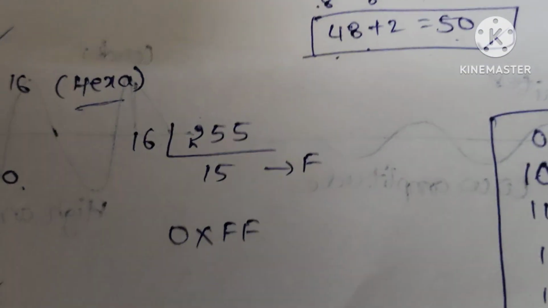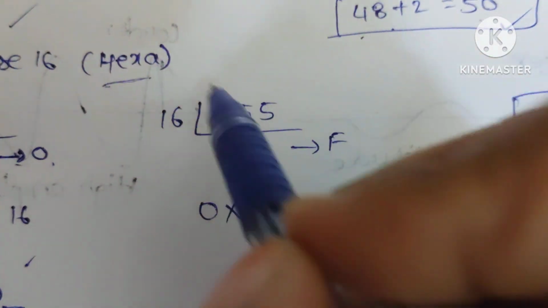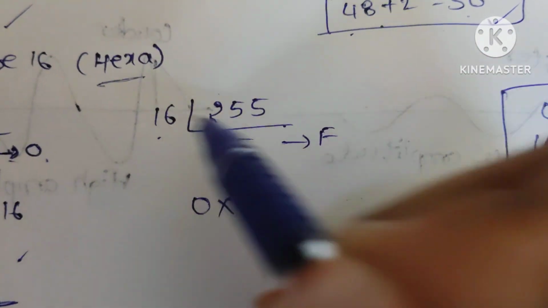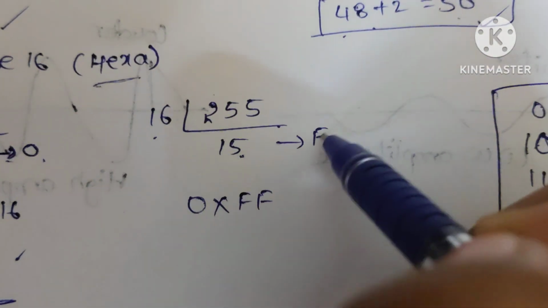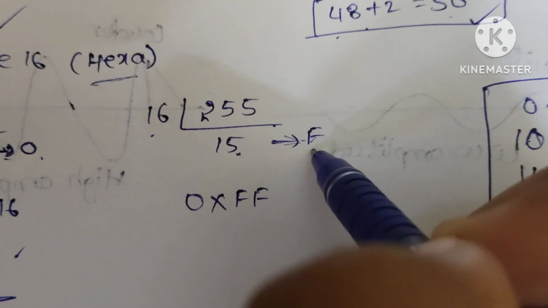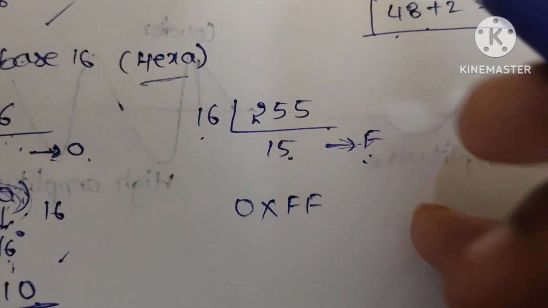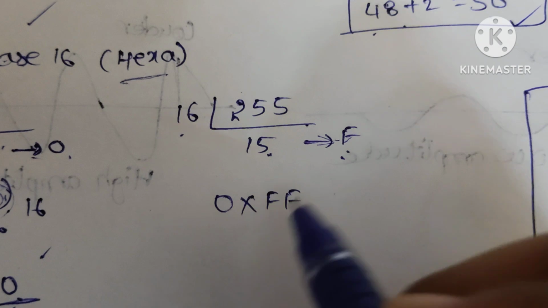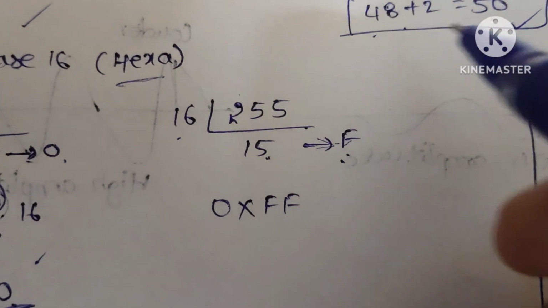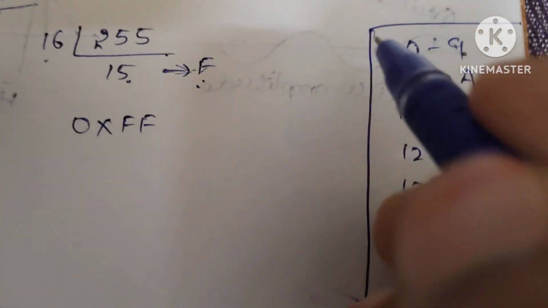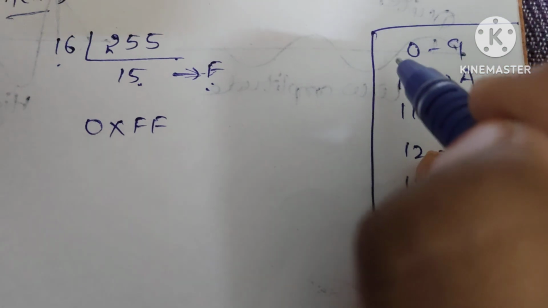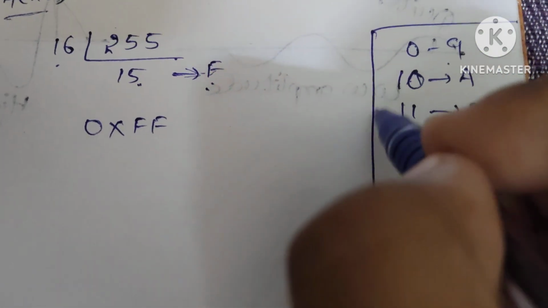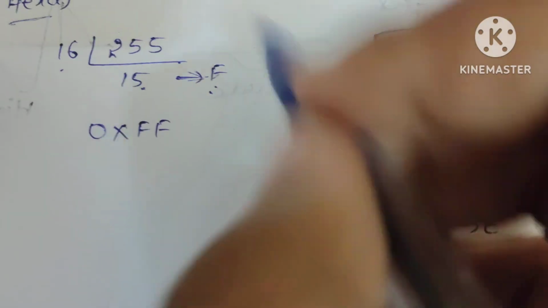In the same way, the second example is 255. 16 15s are 255. The remainder is 15, but here we should not represent it as 15. In this we have digits 0 to 9, but from 10 we shouldn't represent it as 10.